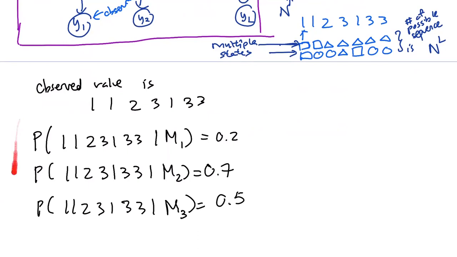So if you have a magical thing and it tells you this, and suppose we're only working with 3 words, which word would have generated this particular sequence of observations? M2. Right, exactly. So that's how the maximum likelihood function works. I give you these observations.